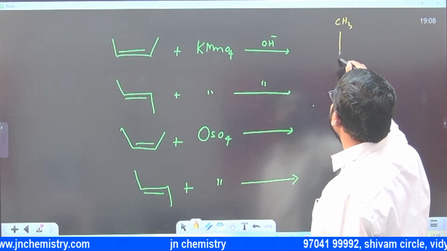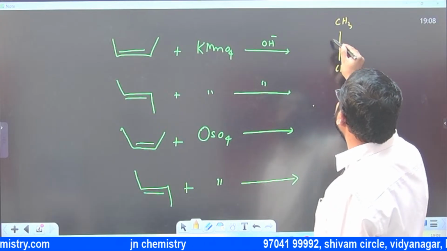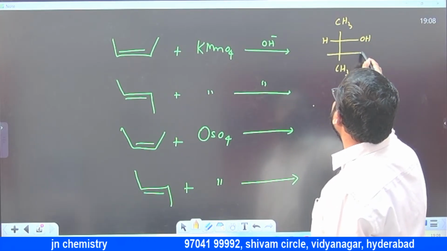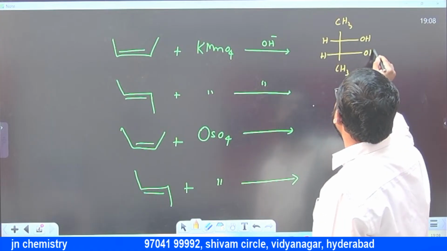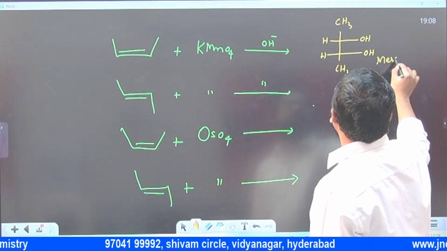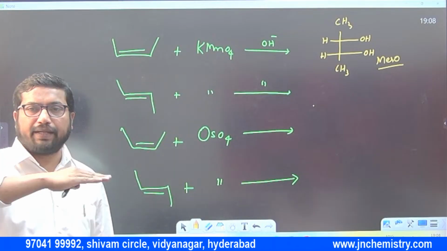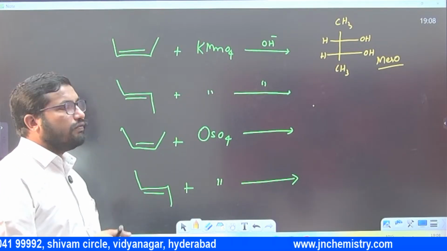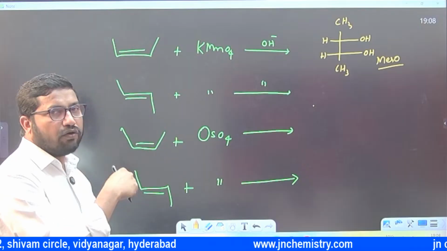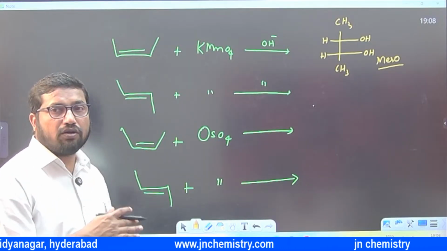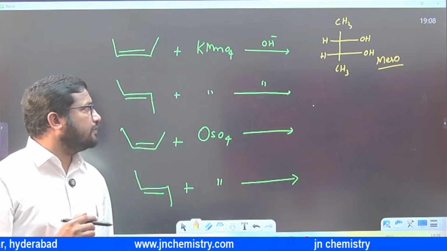CH3, CH3, H, OH, H, OH. You get the meso compound. Come on, write it down. Meso has a plane of symmetry. Because of internal compensation, if one is R then automatically one is S, so the compound is optically inactive.